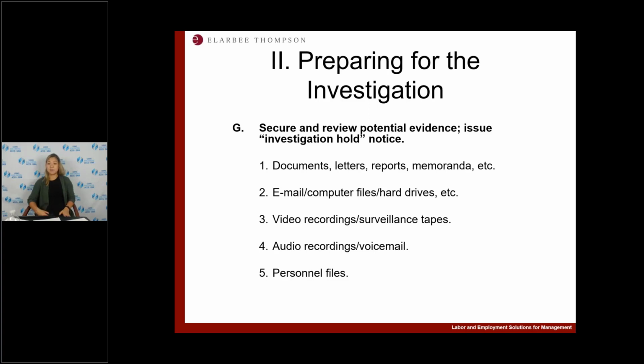So if there is something pertinent, you want to secure that right away. Audio recordings and voicemails are often deleted on a pretty regular basis. A lot of employers have retention policies that say within 60 days things are going to disappear. You want to secure all of that. Make sure you have it well before you run the risk of timing out.